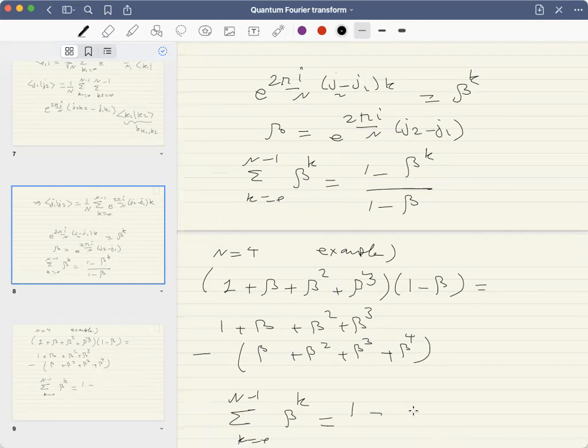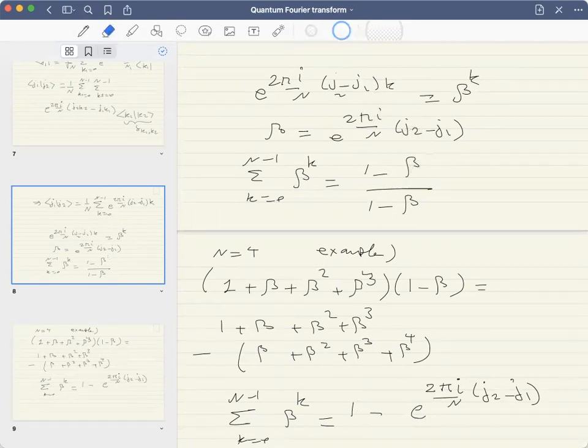So it's e to the 2 pi i (j2 minus j1) times N. Oops, this is N, sorry.